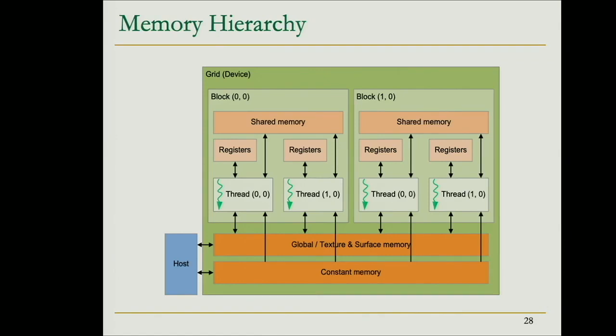And then, if you want to use textures or surfaces, which are typically used in graphics programming, you can also allocate space for that, but it will be in the same device memory. Observe that this device memory can be accessed by the threads running inside the GPU, obviously, but also can be accessed by the host. And why is it necessary? Because we need to transfer input data from the host to the GPU and results from the GPU to the host.